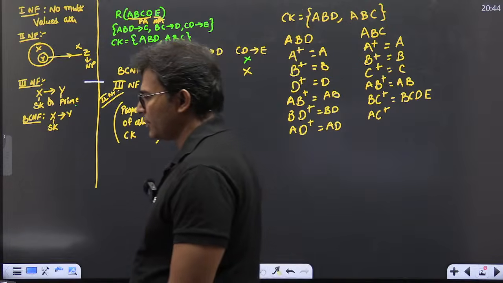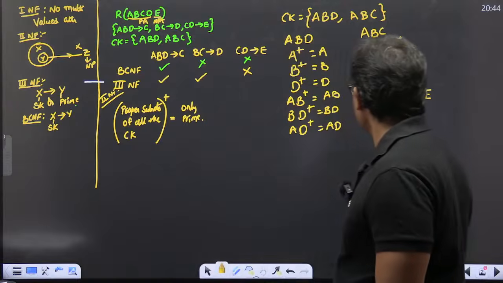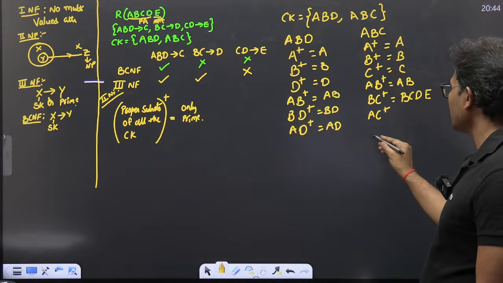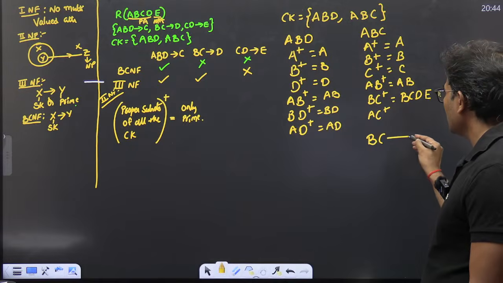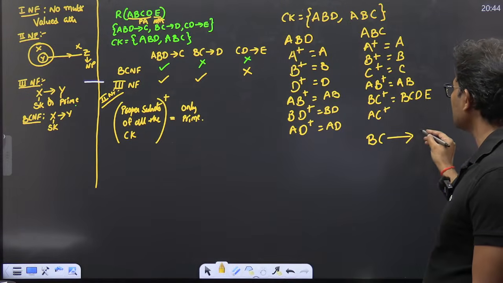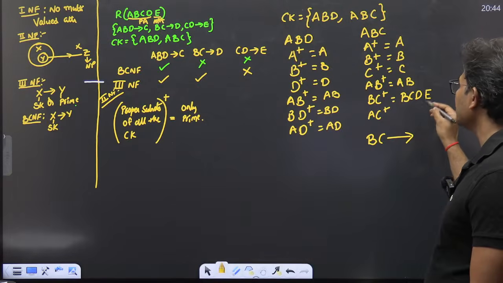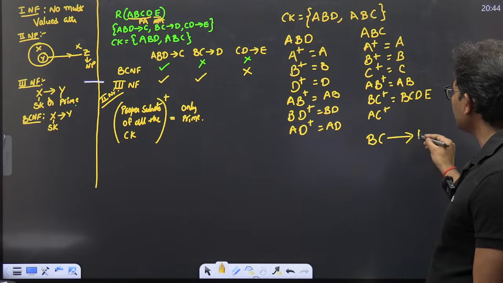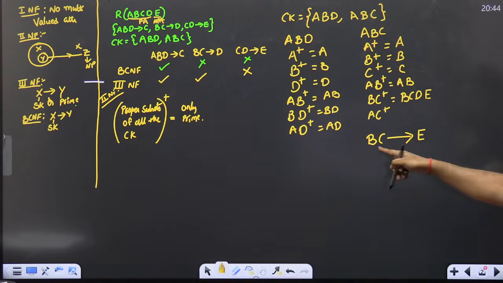Now what did we get here? We got a functional dependency, BC determines E. BC is determining E, right?